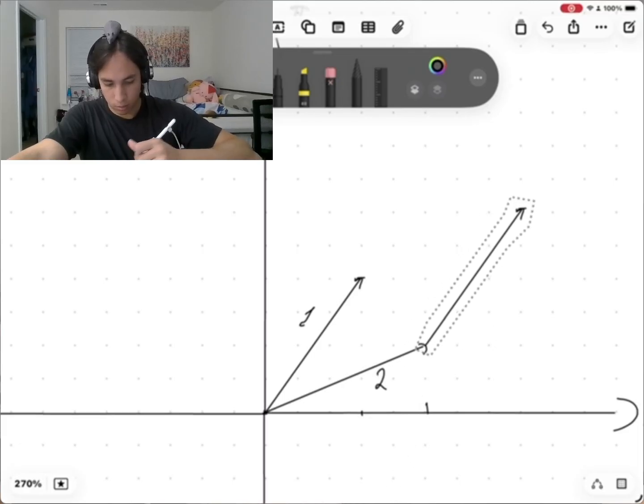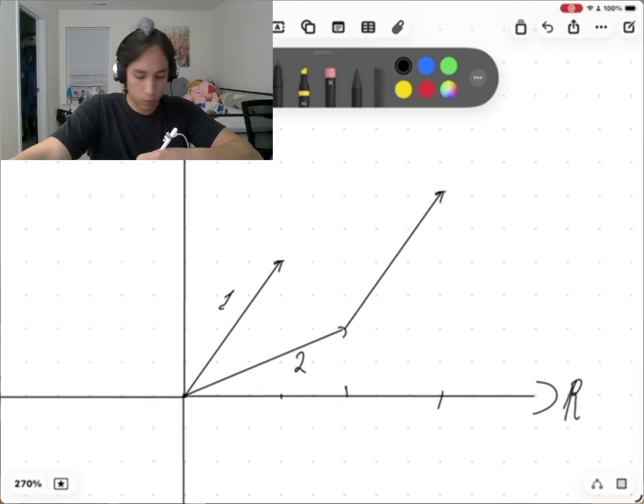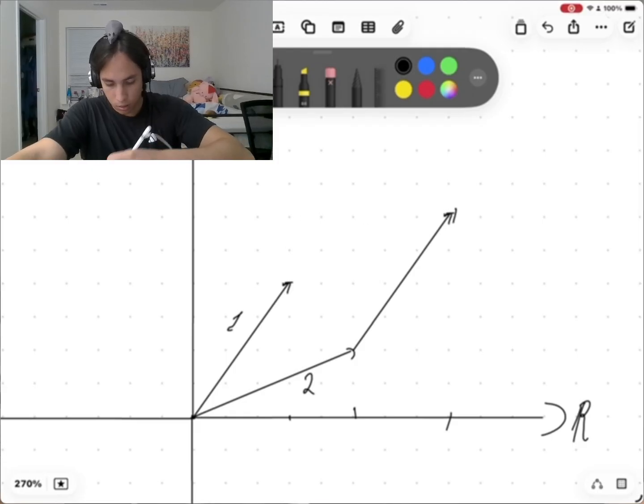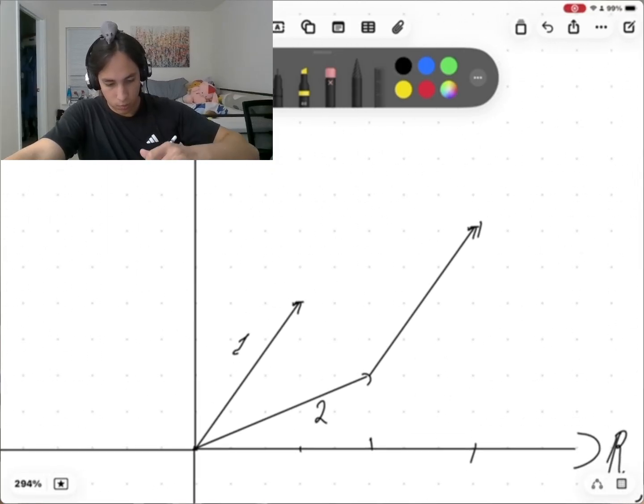As you can see, this is 5, 6, 7, 8. This is 4, and this is 1, 2, this is 6. Right?